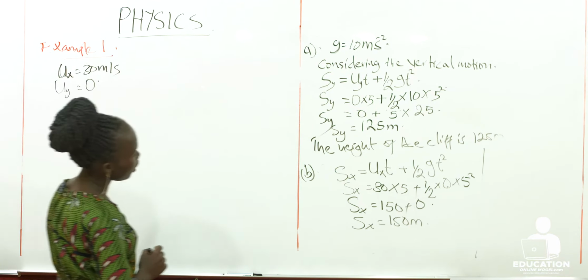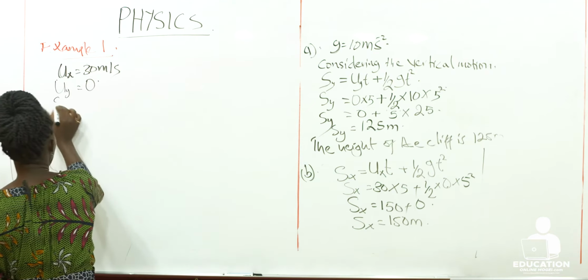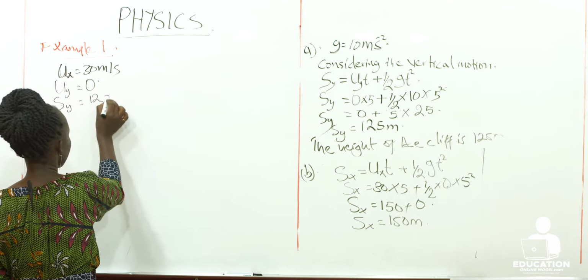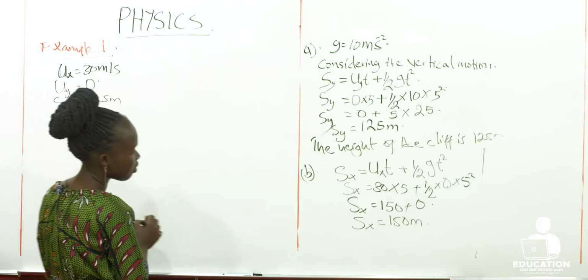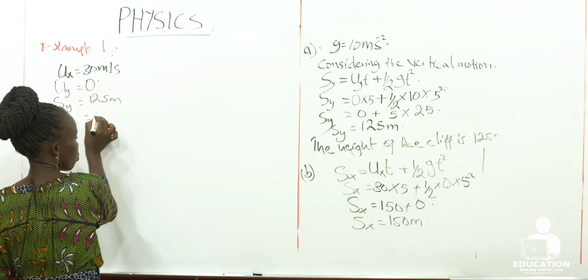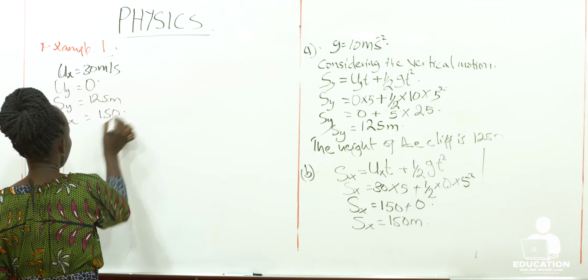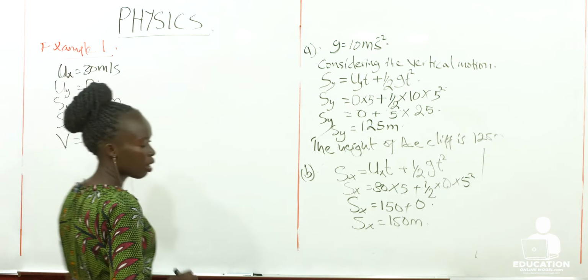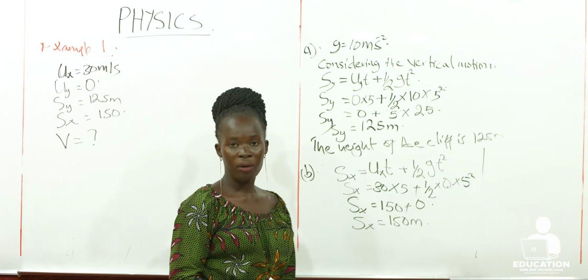So what else did we get? We got our sy, which is giving us 125 meters. So what do we have again? We have our Sx, which was 150. Now they want us to get the velocity with which the body hits the ground.